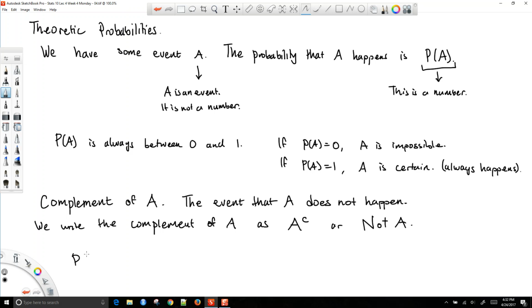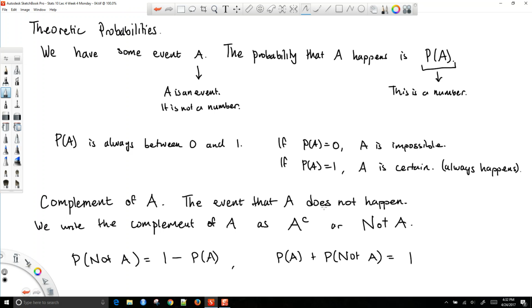And the probability of the complement of A is equal to 1 minus the probability of A. Or put another way, the probability of A plus the probability of its complement is equal to 1. Okay?